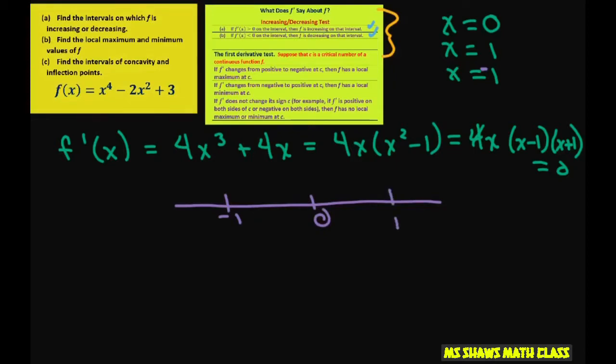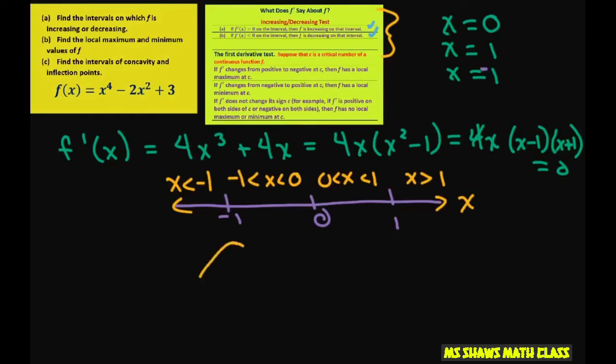So we're looking for x less than negative 1, x in between negative 1 and 0, x in between 0 and 1, and x greater than 1. And then that's going to tell us on a graph if it's increasing or decreasing, what's going on with our graph.